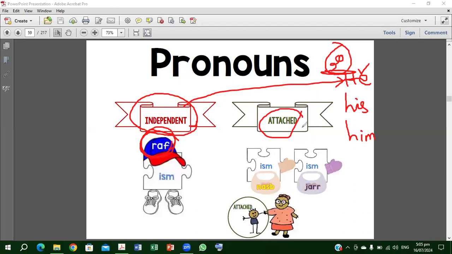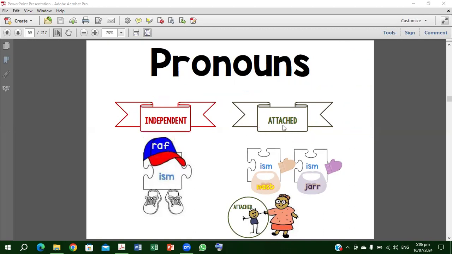This is one type. The second type is attached pronoun. When we are saying attached, definitely they are attached with something. If they are attached with an ism, they will be in status of nasab. Oh, just a minute. It's wrong here.